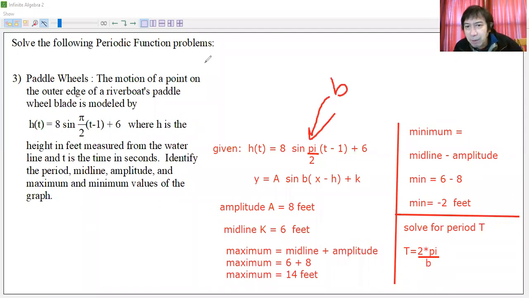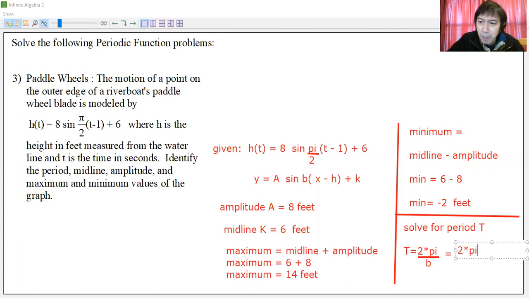So we shall use it in our equation for the period T. This will now equal 2 times pi divided by our b, which happens to be pi over 2. So what do we get from our division?